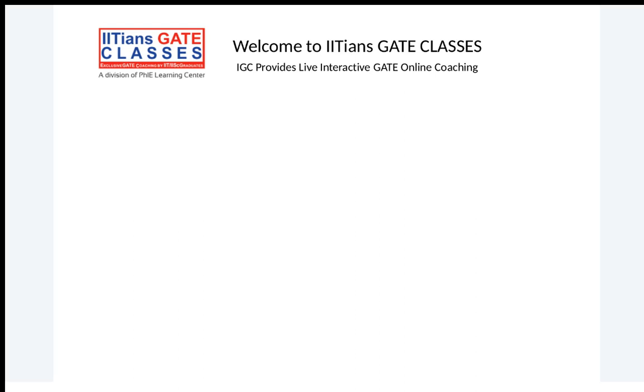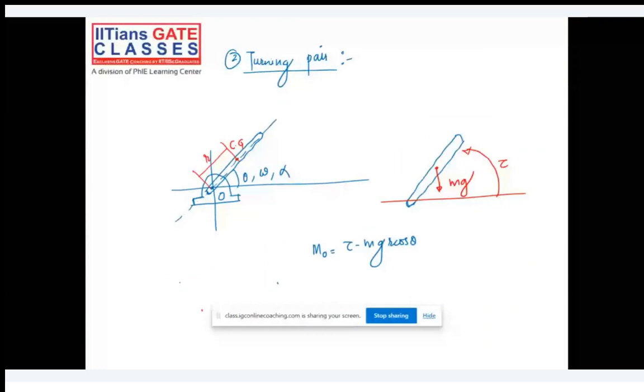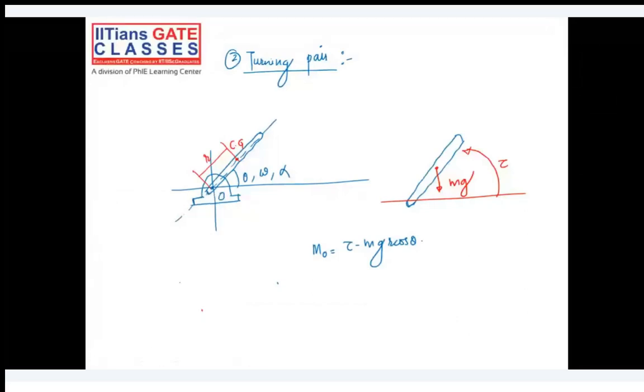With these assumptions, the total moment about the origin will be tau minus mg r cos of theta, and that will be equal to the inertia moment, that you can say as I naught alpha.